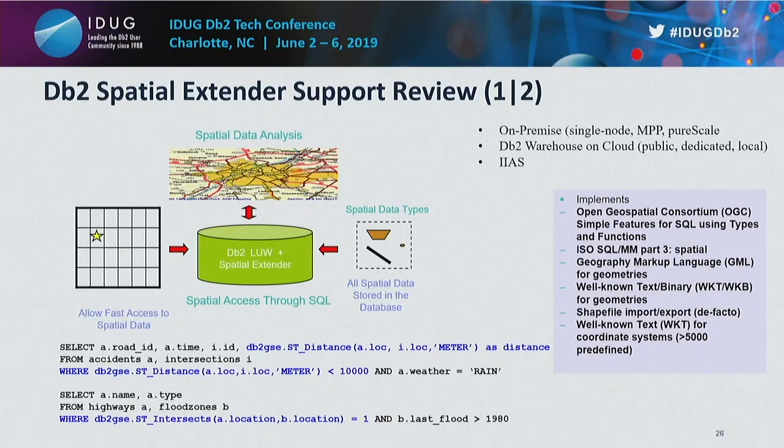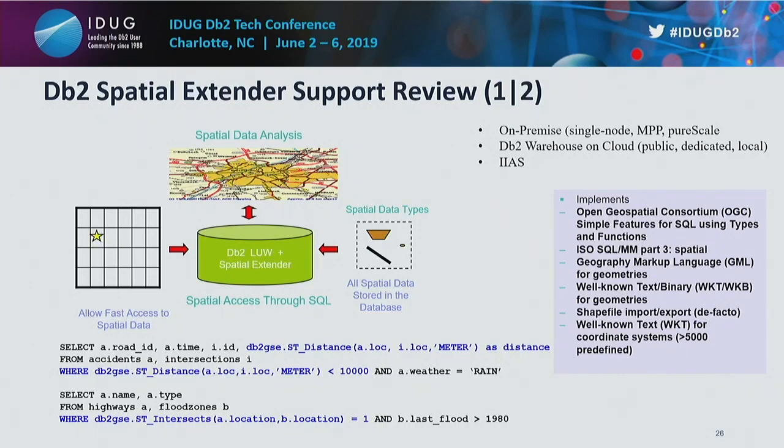What DB2 provides in that area is some additional functions and geographic information that gets stored in the database. What these spatial functions and data types do is allow spatial data to be stored in the regular user tables.